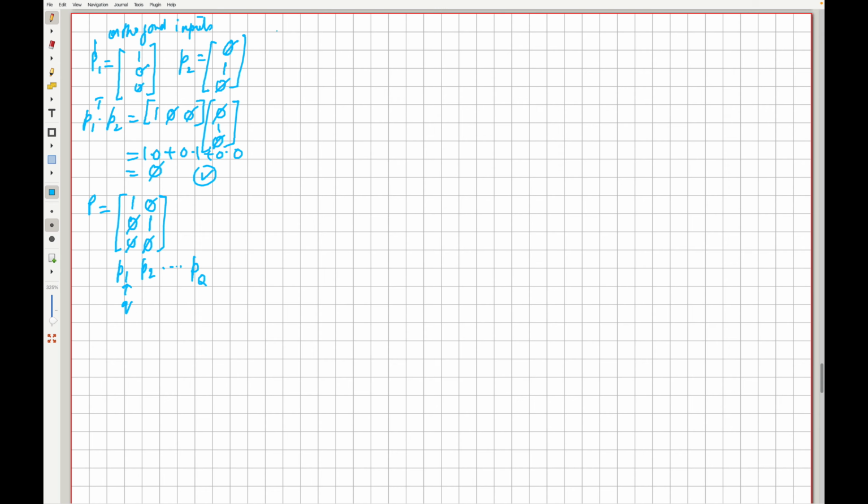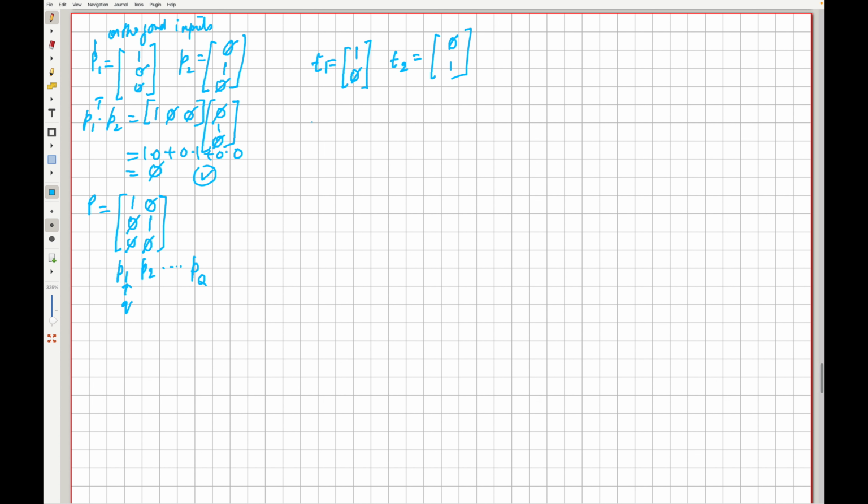Likewise, we need a target. So let's say we have the target t1 that corresponds to the input p1, which is simply 1 0, and another target t2 that corresponds to the input p2, and let's say that target is 0 1.